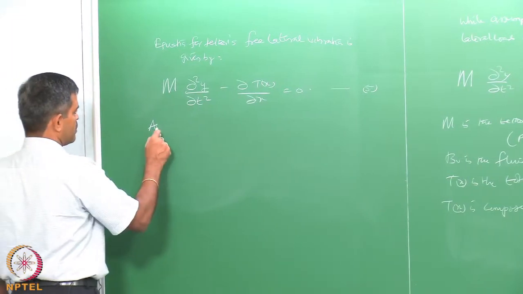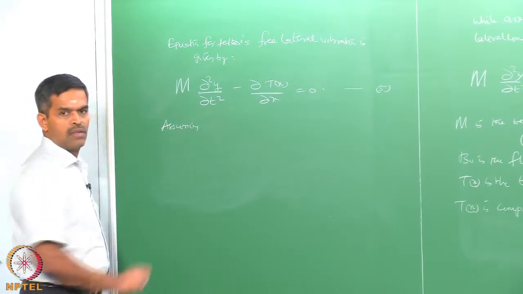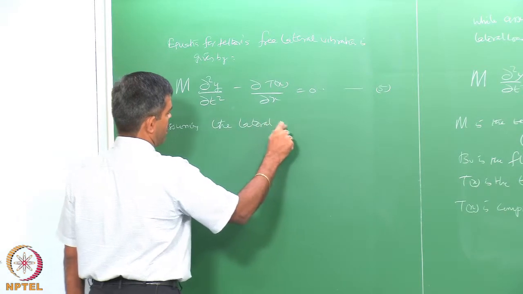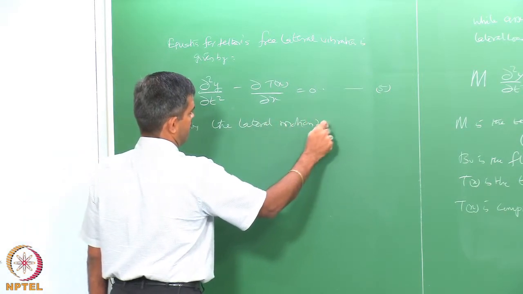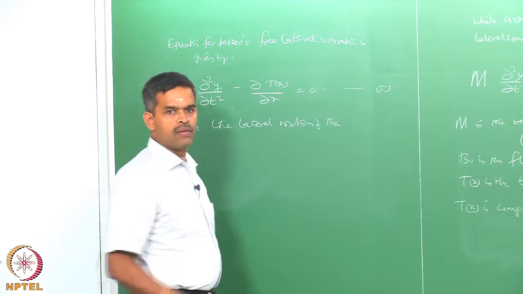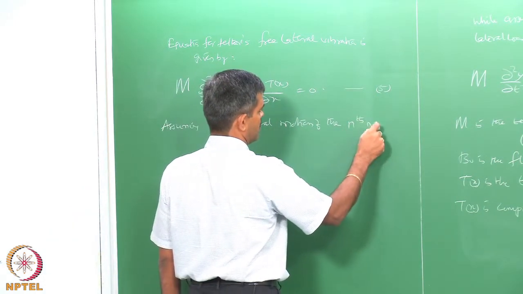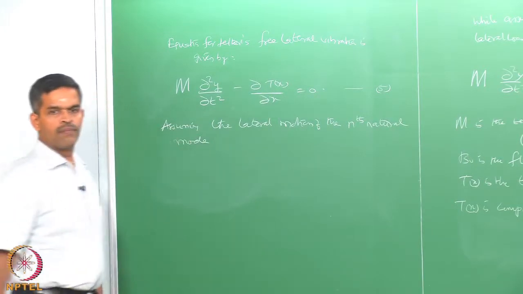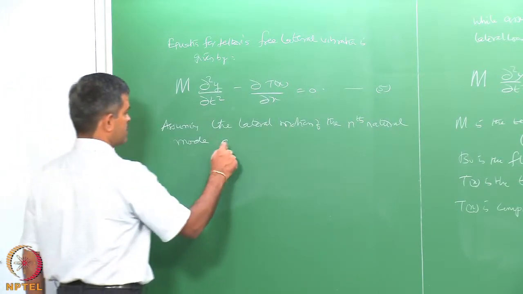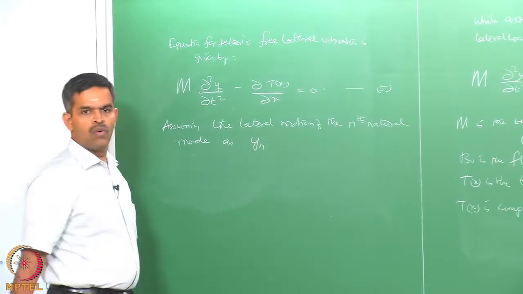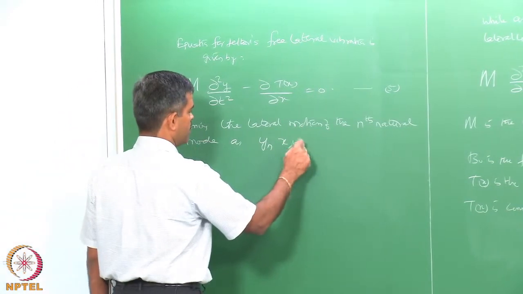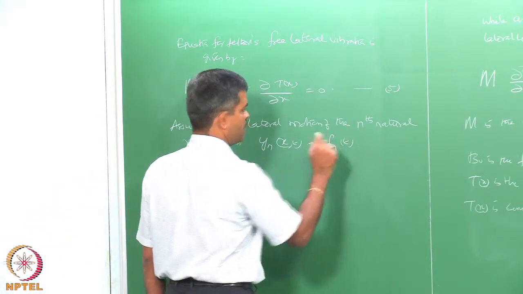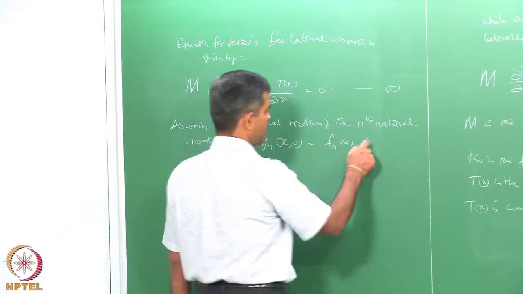Now, assuming the lateral motion of the nth natural mode as yn(x,t), can be written as fn(t) Xn(x), equation 6.